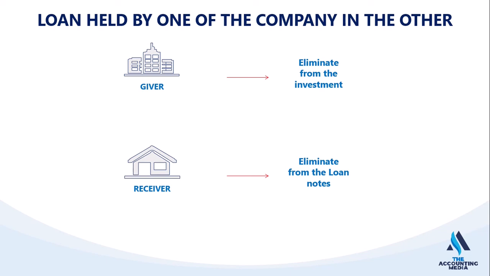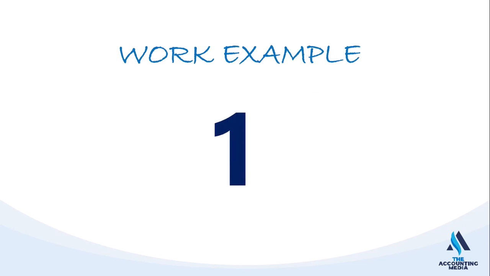What about the receiver's perspective? That money from the receiver's perspective is definitely part of the loan note. The same amount will also be eliminated from the receiver's loan note, which makes our account balance. Very easy and straight. So let us now look at a worked example to explain this concept deeply.